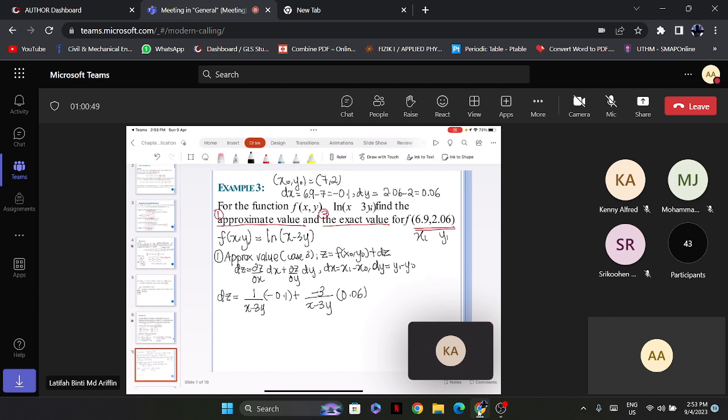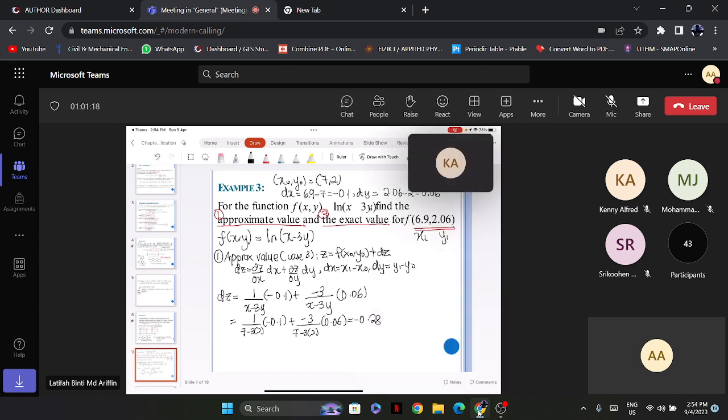Since we declared our original point is 7, 2, we substitute x equals 7 and y equals 2. So 1 over (7 minus 3 times 2) times minus 0.1 plus minus 3 over (7 minus 3 times 2) times 0.06, and we get minus 0.28.